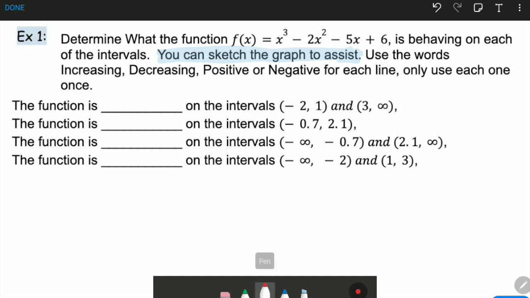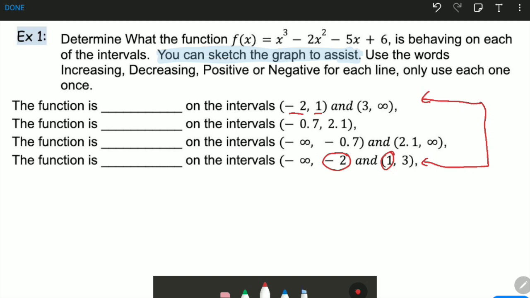You'll notice that the intervals here, one of them starts with -2 and ends with 1. So if I look at the other intervals, you'll see that this is the other set of intervals that has -2 and 1. So these two sets of intervals go together, which means if one of them is positive, then the other one's negative.